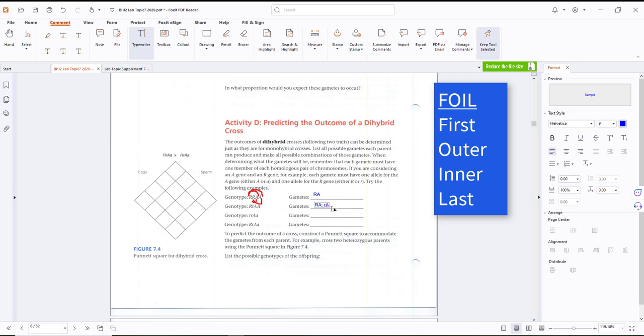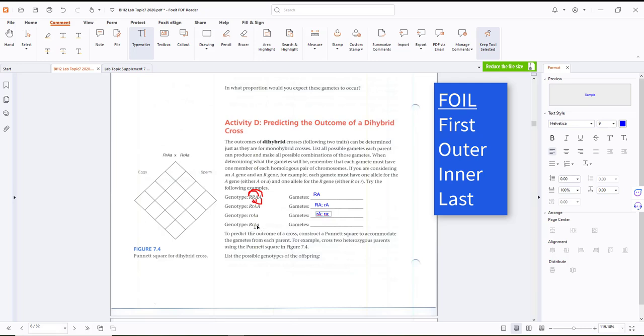It's little r, big A. And then last is also little r, big A. So we have two different gametes for this second genotype. For the third genotype, the first one is little r, big A. Outer would be little r, little a. Inner would be little r, big A, so I don't have to do that one again. And last would be little r, little a, so I don't have to do that one again.